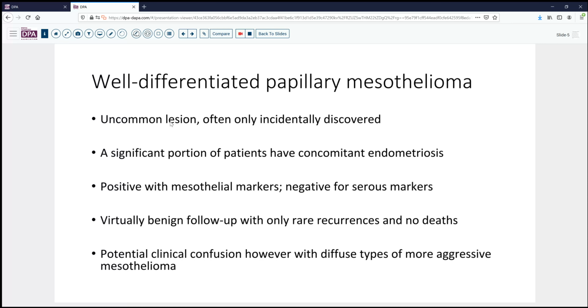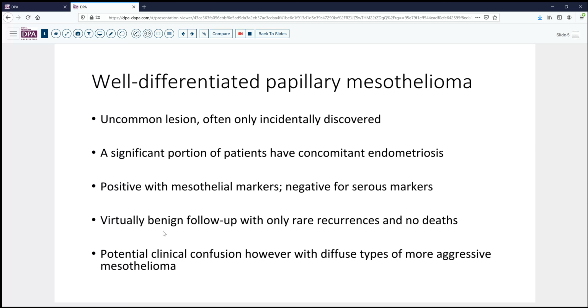And in fact, a fairly large study from the GYN side of things found that about half of patients have concomitant endometriosis. Immunohistochemically, the lesions have all had mesothelial markers and been negative for serous markers like WT1, but will be positive with calretinin, negative for PAX8 and so forth.